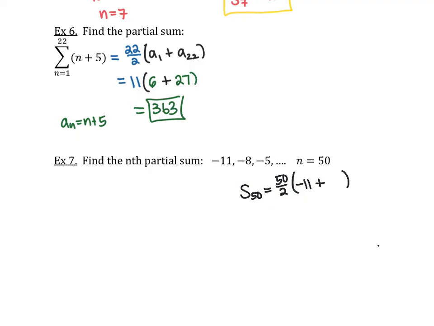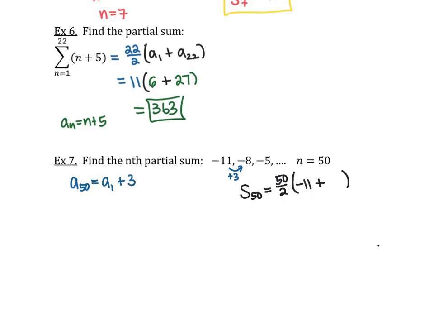I could figure out the formula, which wouldn't be that hard to do. It looks like it might be 3n minus 14, but I'm going to show you a second way so that you could also do it a different way. Another way would be to think, I want the 50th term. I know the first term, and I know the difference is 3.